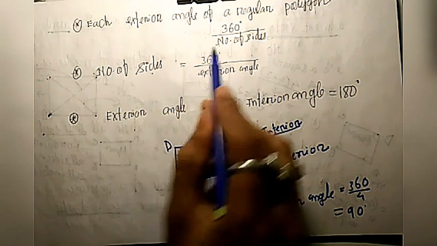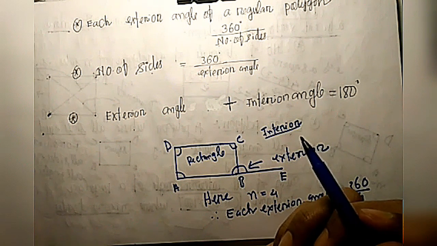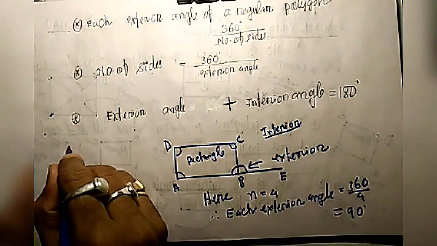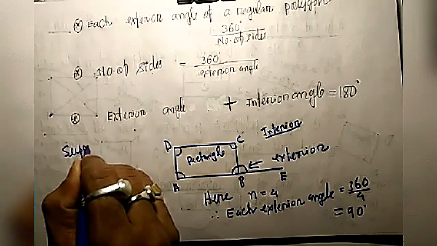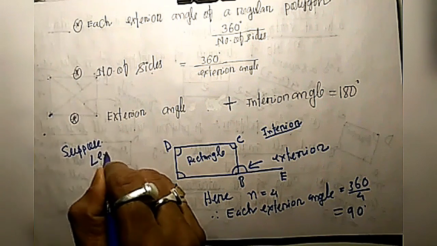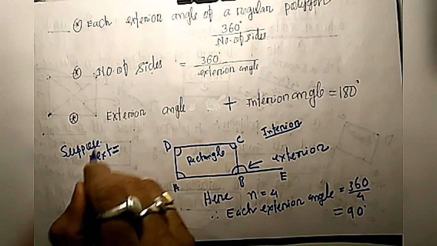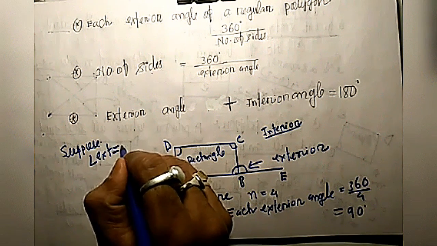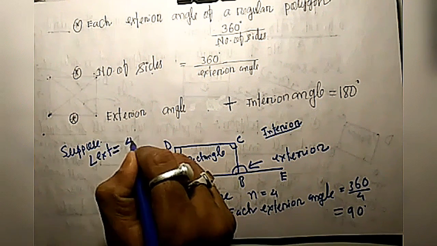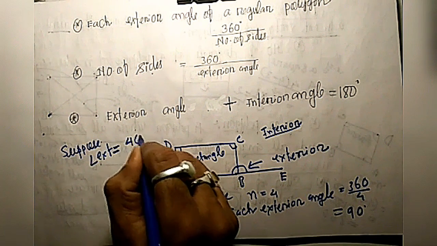Then number of sides is equals to 360 by exterior angle. So number of side also you can find out using the same formula. Suppose exterior angle of a polygon is 40 degree.